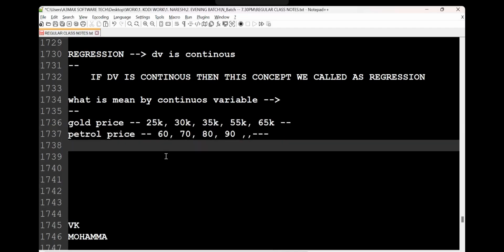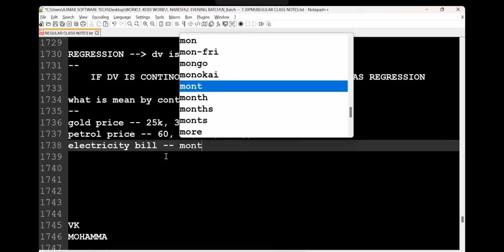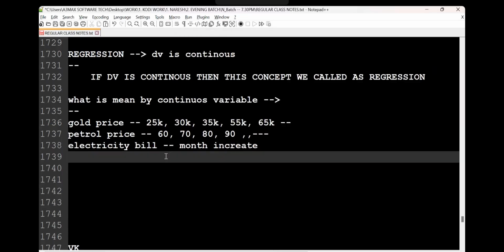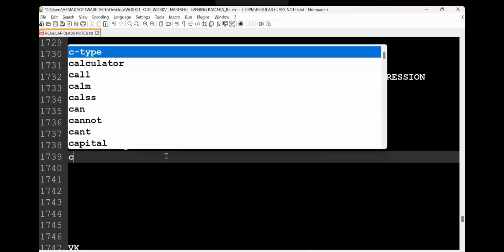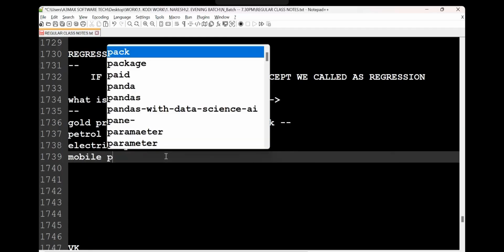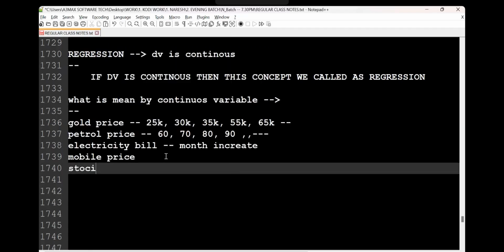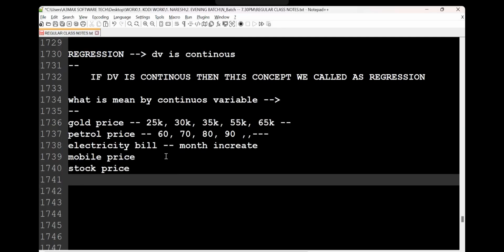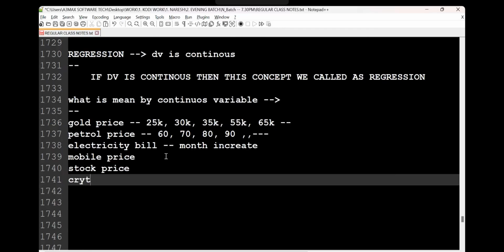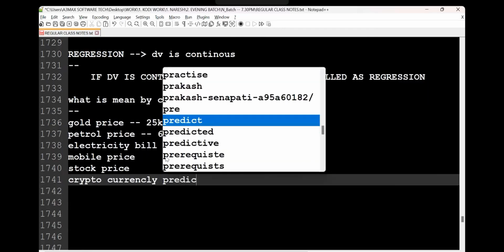Can you give me some more examples? Electricity bills. You get electricity bills, guys? Every month it's increasing or not? Every month it increases. No, salary does not increase, Vamshi. Yeah, college fees, exactly. The fees, mobile price, stock price, stock price predictions, mobile price predictions, cryptocurrency, cryptocurrency predictions.